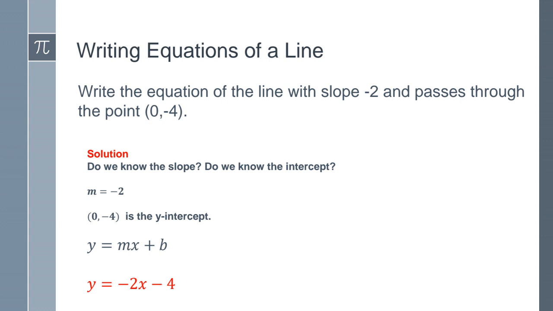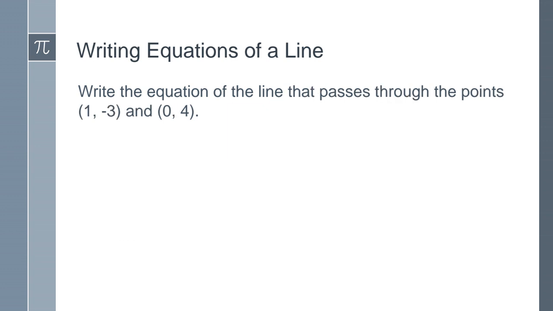All right, let's see if we have one where, oh, perfect. This one's going to allow me to use the formula that I was just talking to you about as far as slope. On this particular one, it says write the equation of the line that passes through the points 1, -3 and 0, 4. With any of the formulas, right, we need our slope, so let's go ahead and calculate our slope.